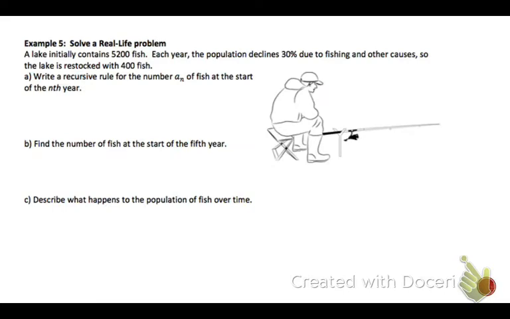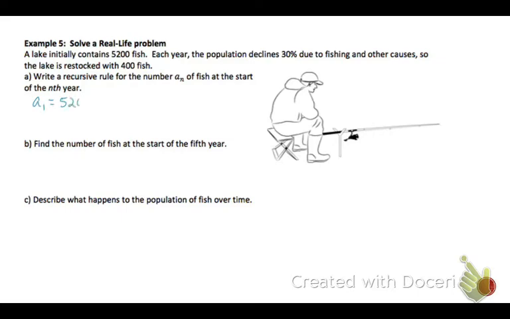Let's look at this real life problem. So a lake initially contains 5,200 fish. Each year the population declines by about 30% due to fishing and other causes, but the lake is restocked with 400 fish. Write a recursive rule for the number a sub n of fish at the start of the nth year.